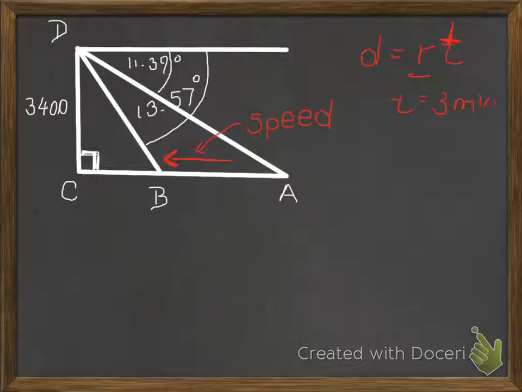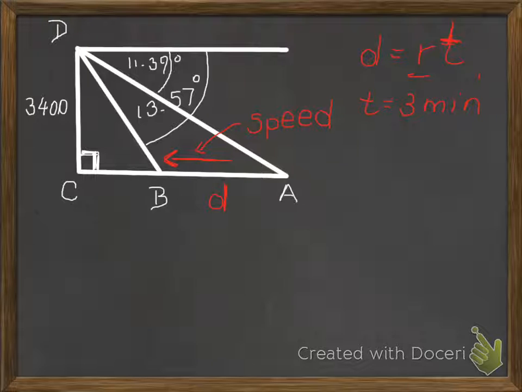So we have the time. We need to find the speed. In order to employ this formula, we need one more known, which is this distance here. We're going to call that distance in our solution AB, distance AB. So in order to calculate the speed that the fire is traveling, we need to find the distance AB.